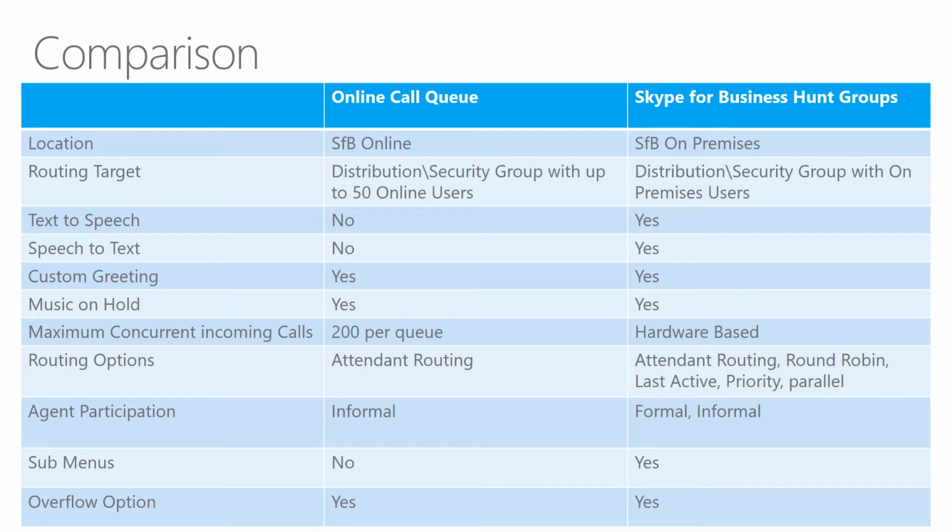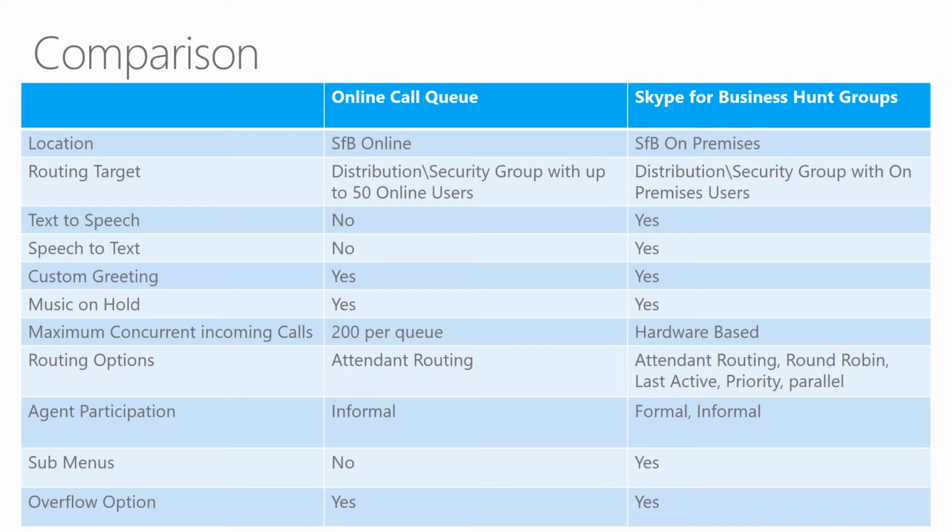So, a quick comparison of the online call queues and the Skype for Business hunt groups that you might know. The on-prem version does have text-to-speech and speech-to-text, doesn't really have a limit on concurrent incoming calls, and has a wide variety of routing options. For the online call queues, we go up to 50 users, with no text-to-speech or speech-to-text. There is a custom greeting and there is music on hold.